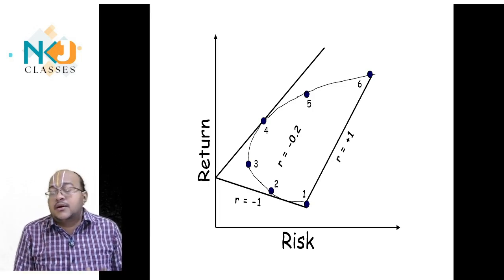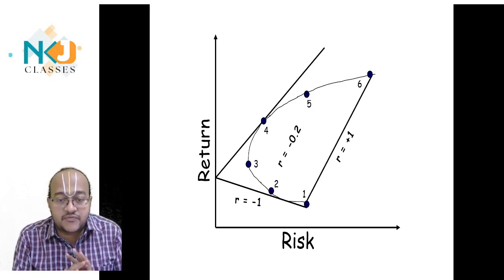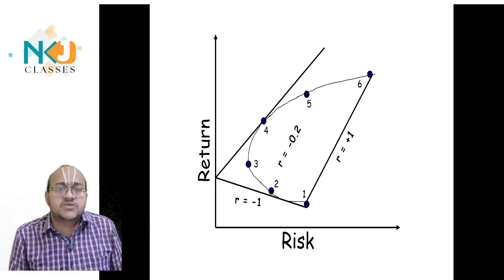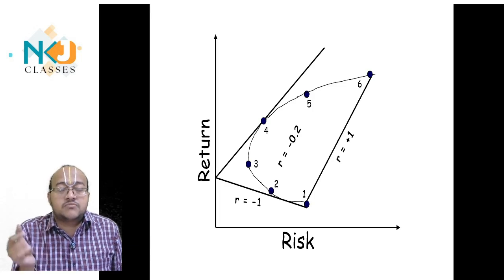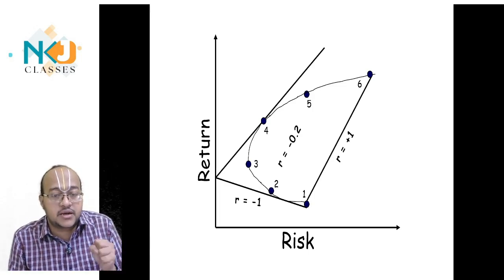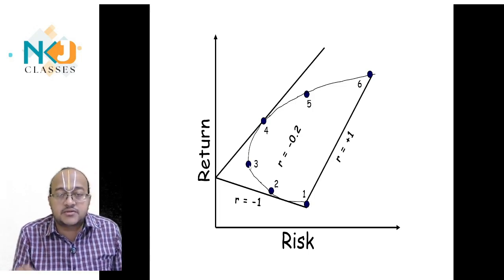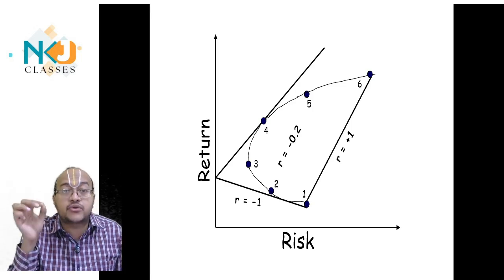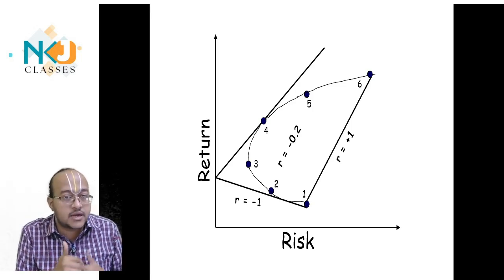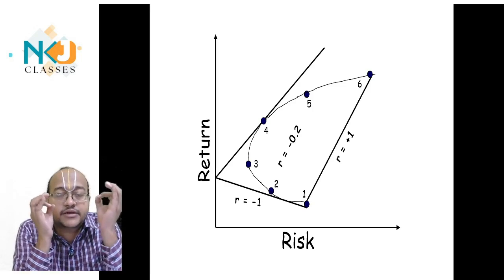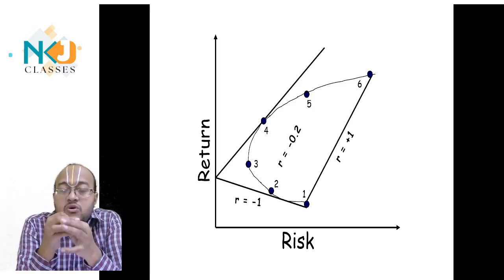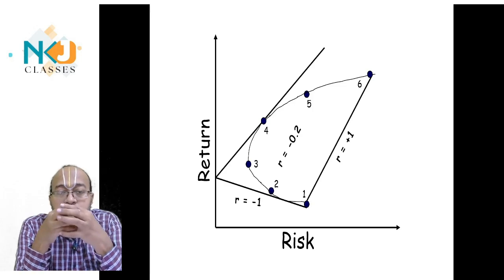Here the correlation is not perfectly negative, so we cannot bring it to 0, but there will be some maximum risk reduction at some proportion, correct? That happens till portfolio 3. Till portfolio 3, it will keep on reducing, but the maximum risk reduction with this correlation is happening on which portfolio?